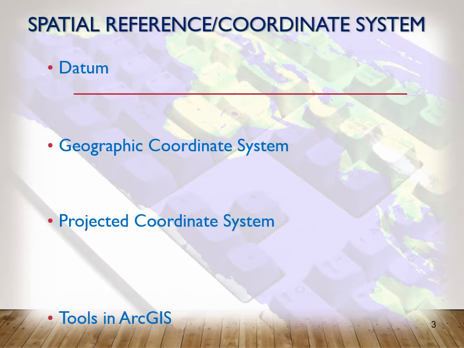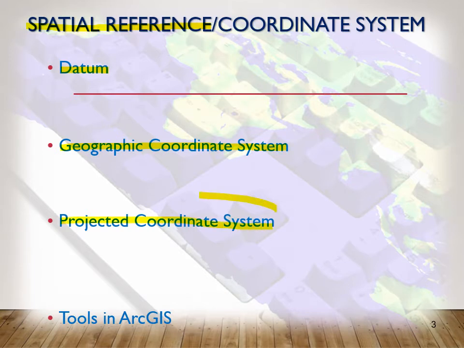So in order to understand your spatial reference, now I want to highlight the term spatial reference. That sometimes is a better way of talking about coordinate systems because it includes 3 major pieces. It includes a datum, which we're going to talk about in a second, the geographic coordinate system, and then the projected coordinate system.